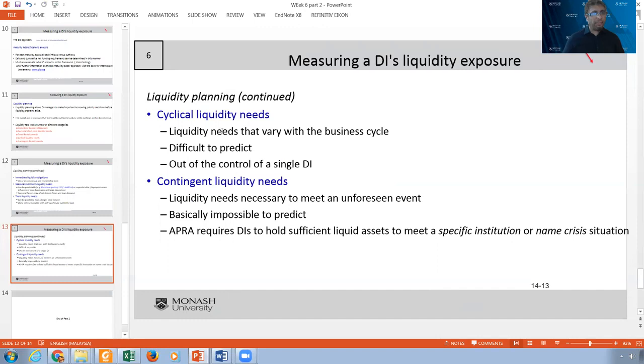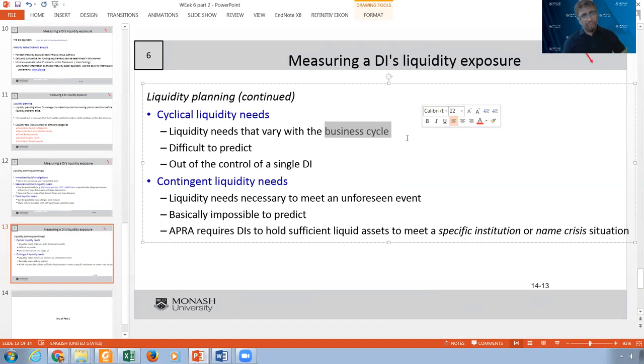Liquidity planning, as I told you, can be cyclical and it can be contingent. When we talk about cycle, it's the business cycle, as I told you, booming and depression. And it's also difficult to predict because we don't know how the economy is going to behave. Whether COVID is coming, whether we have another COVID coming, or is it the end? Whether we have some other financial crisis coming or a market crash coming, we don't know.